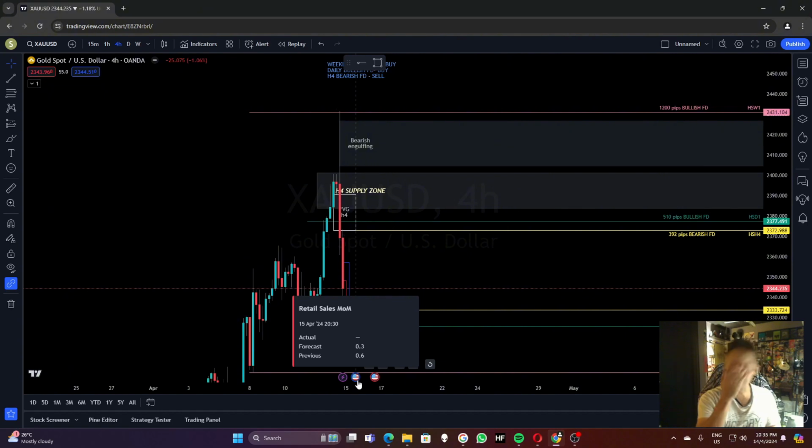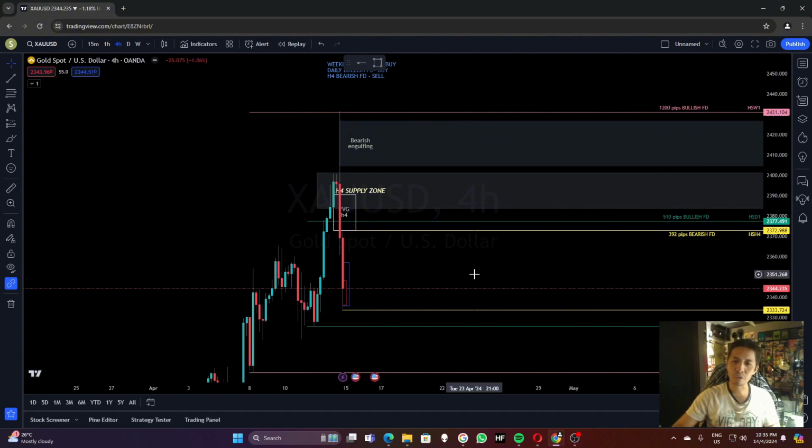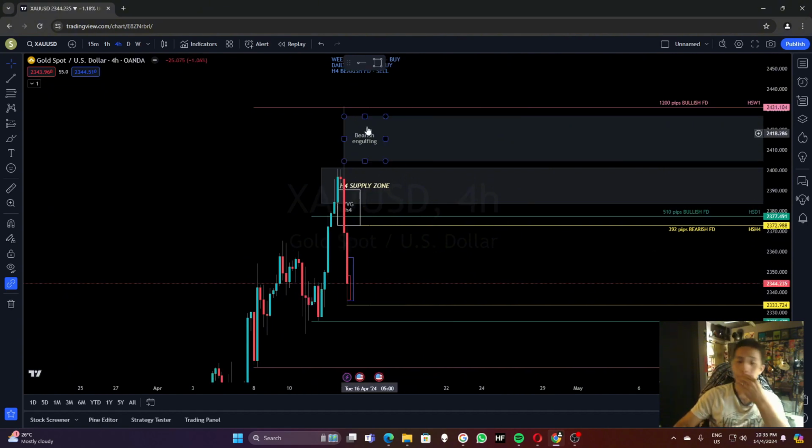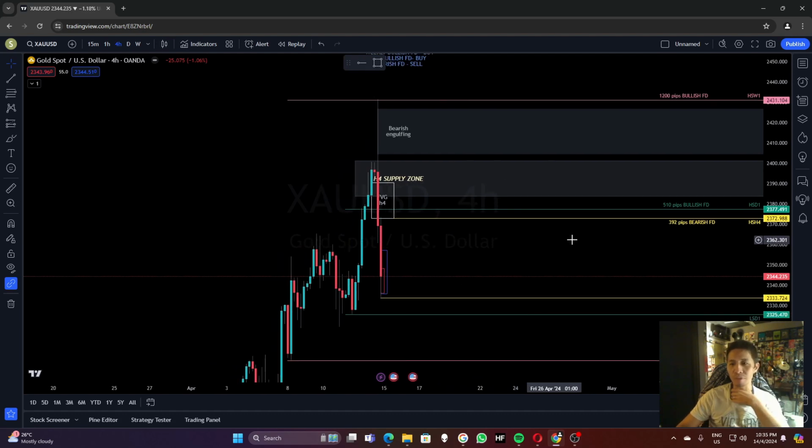Anyhow, I just want to show you guys the price movement for tomorrow, which is the first day of the trading week.